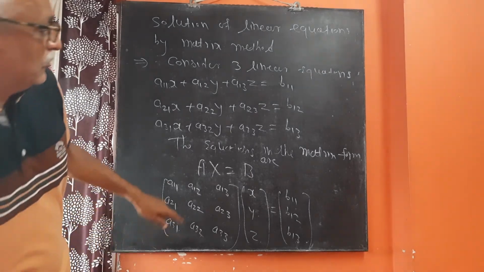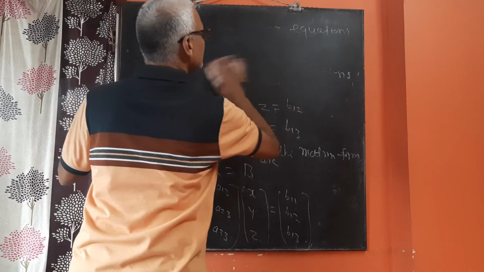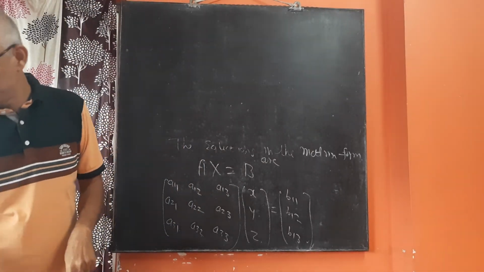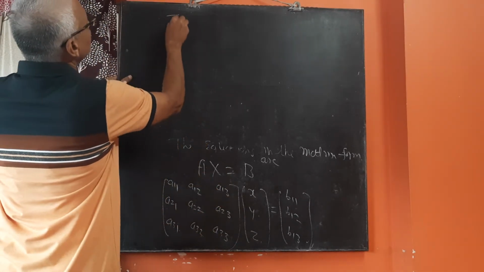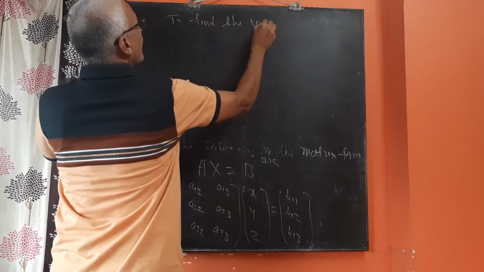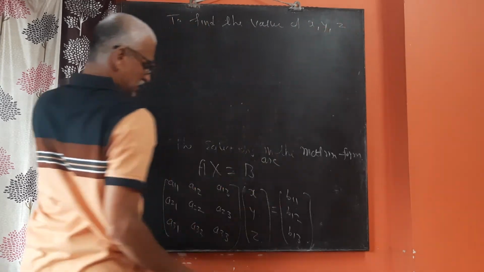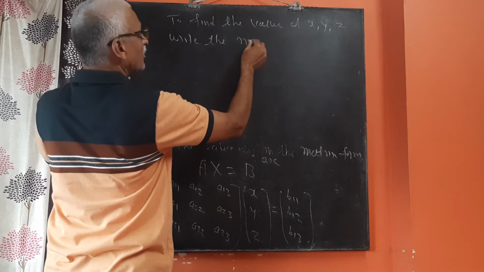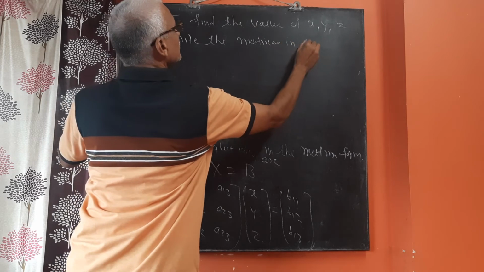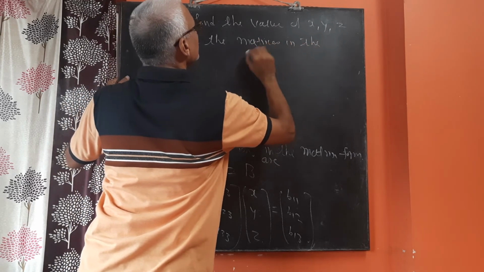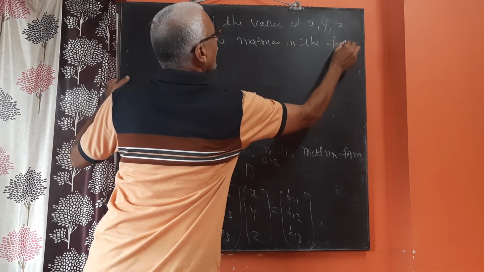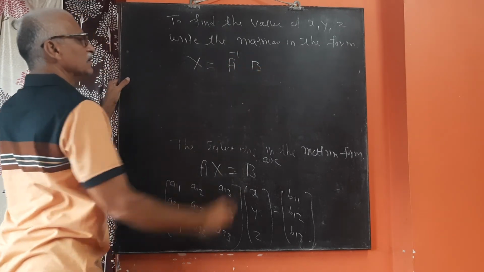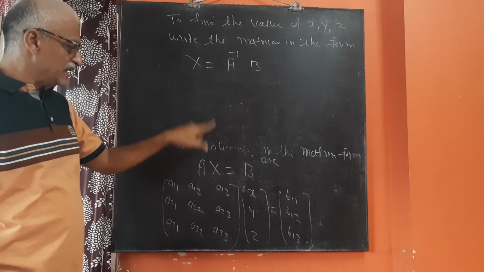Now to find the value of x, y, z, write the matrices in the form X is equal to A inverse into B. X is equal to A inverse into B. Now X is x, y, z.